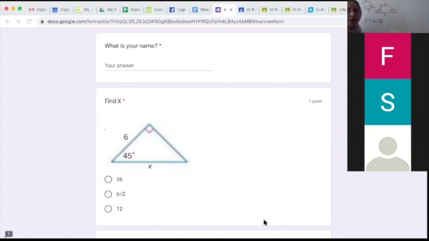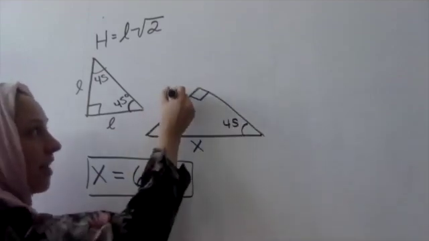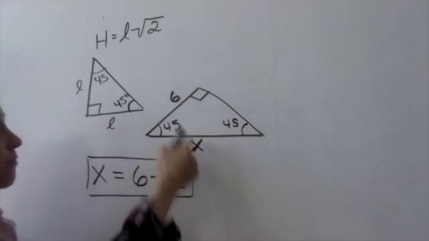And you actually don't even need to solve that. How did you get 6? It was in the question. I'm sorry, let me stop sharing so you can see. The question gave me this. It told me my side was 6, and it told me my hypotenuse was x.